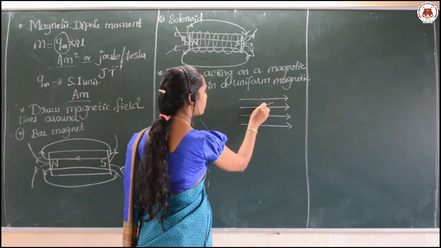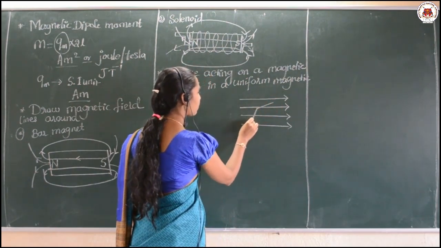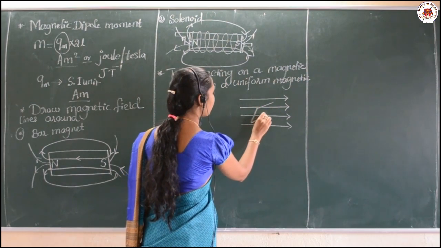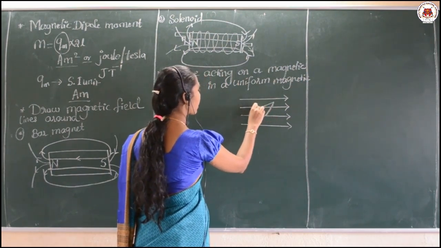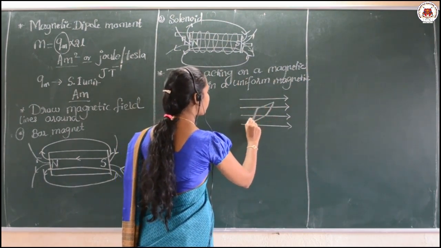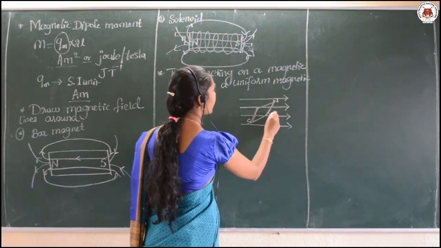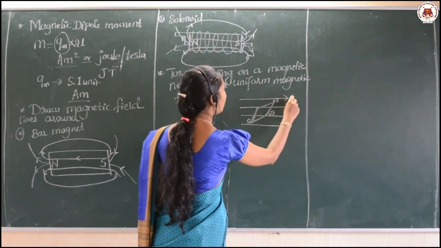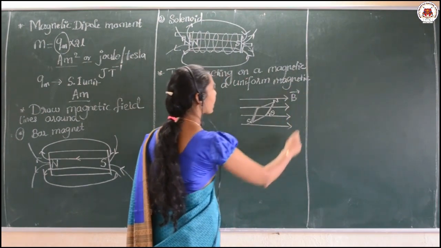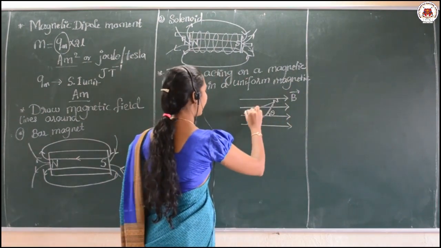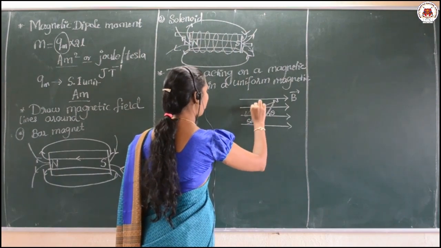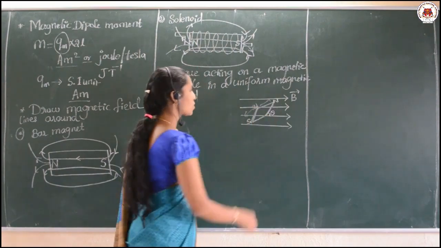And here I am using a magnetic needle. Take this as a magnetic needle, this is the south pole and this is the north pole. That magnetic needle makes an angle theta with the uniform magnetic field, and I take the length of the magnetic needle as 2L.